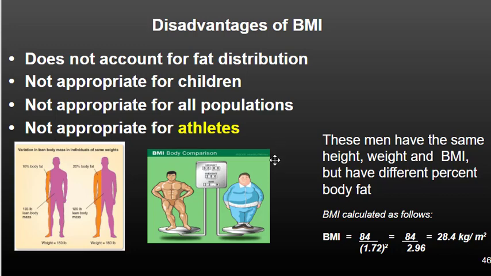We've got a muscular athlete who's not very tall, and we've got a person here that's overweight. If you do the calculations, they both end up with the same body mass index, even though when we look at the lean muscle mass, obviously the athlete's going to have a lot more lean muscle mass and a lot less body fat. So we really can't use BMI for muscular athletes because it'll give us an incorrect result.